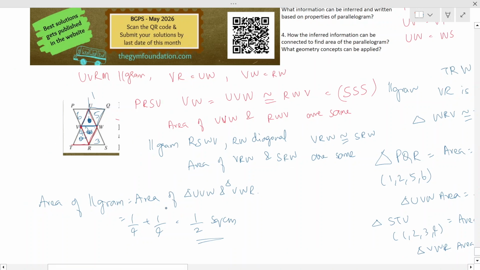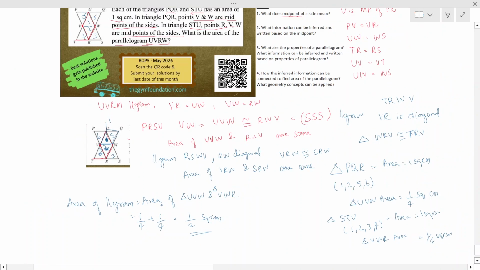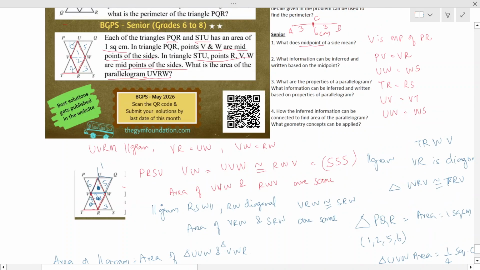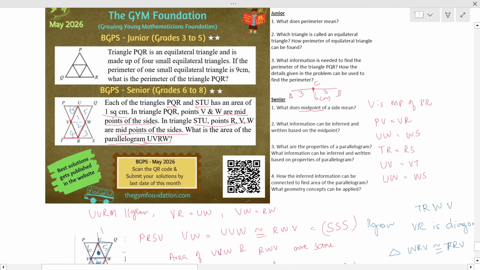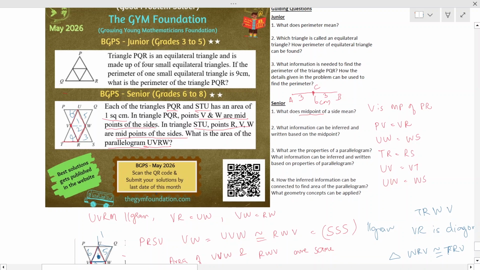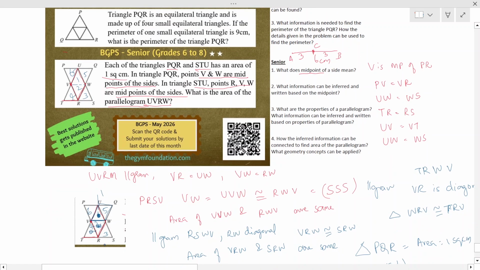So this is a very interesting yet simple problem which needs a very important critical insight that a student should draw. What is that? You should understand that you cannot apply the area formula of a parallelogram, the length into the height.